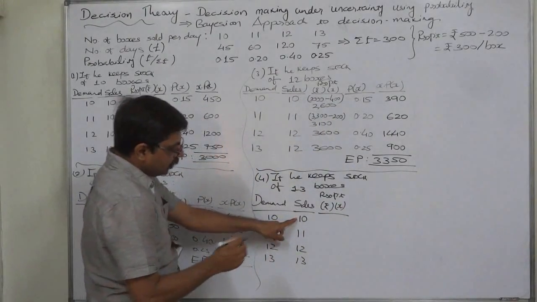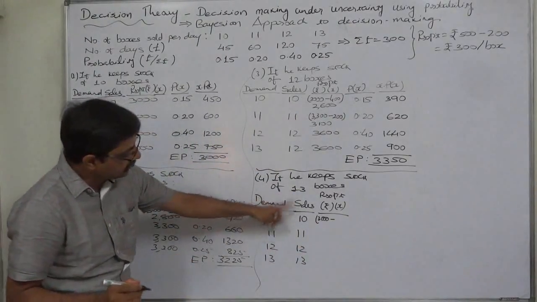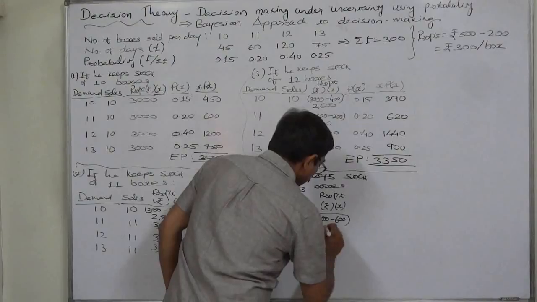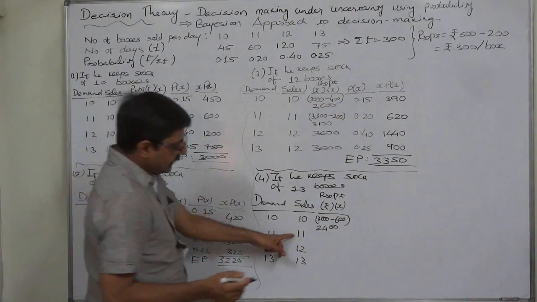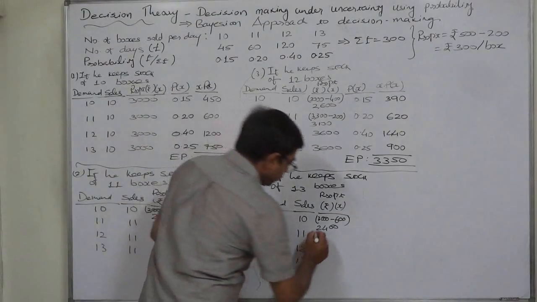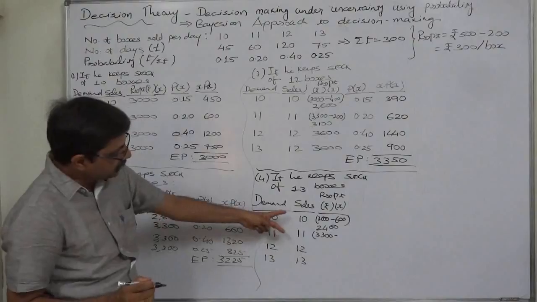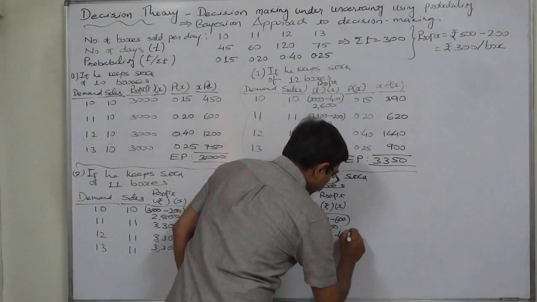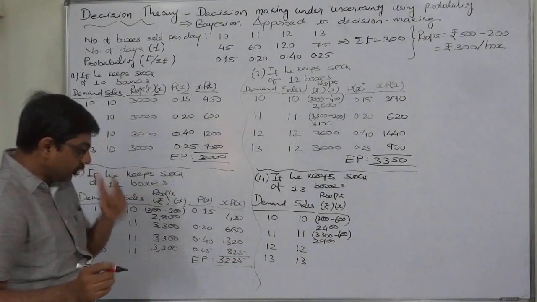On selling 10 boxes, he makes a profit of 3000, but he has 3 unsold boxes, the loss on which is 600, so 2400 is net profit. If he sells 11 boxes, his profit will be 3300, but he has 2 unsold boxes, so loss 400, 2900 will be his net profit on selling 11 boxes.